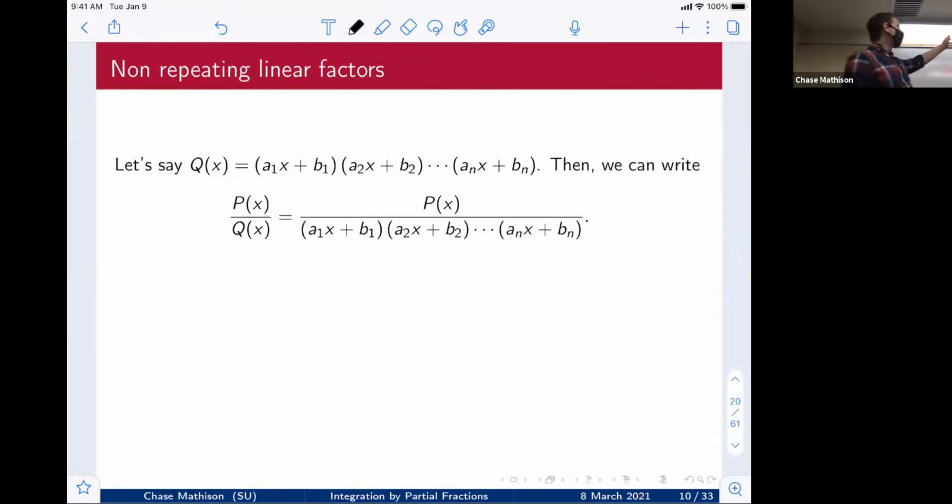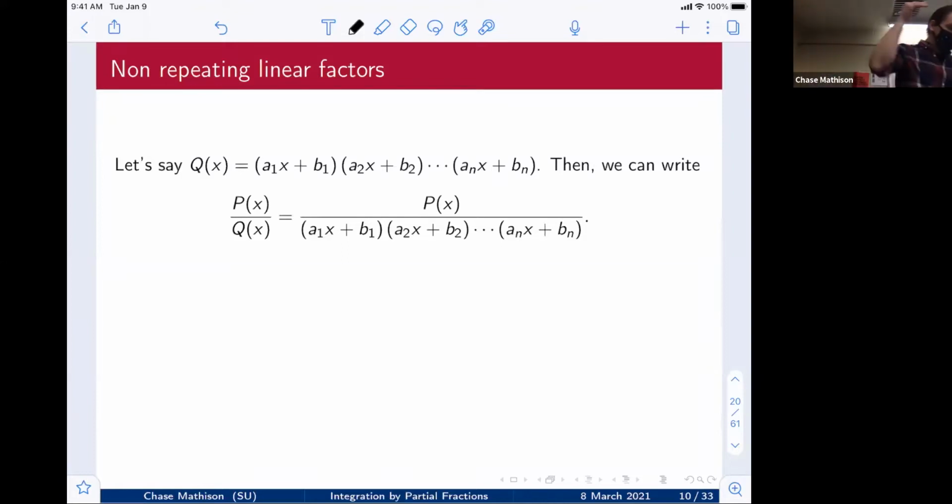And then P of X over Q of X is the same thing as P of X over (A1X plus B1) times (A2X plus B2) times (ANX plus BN), that product all the way up.